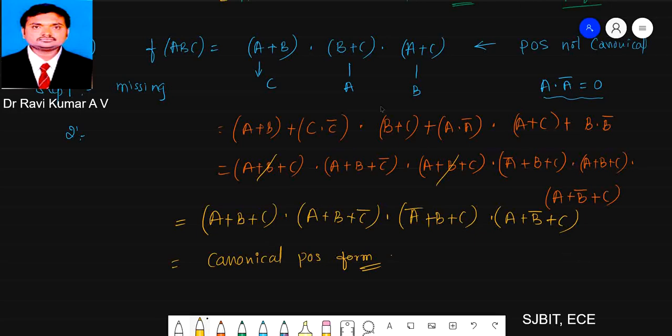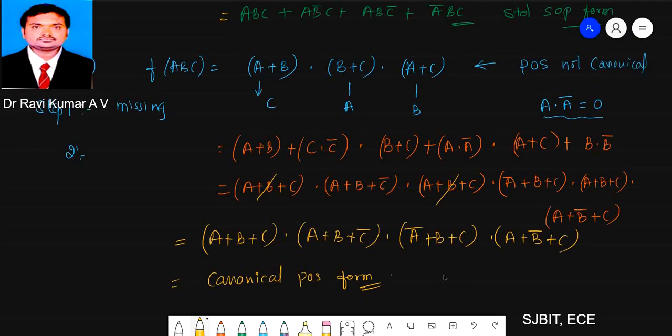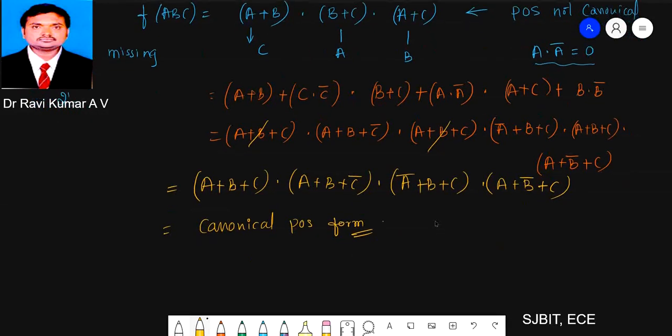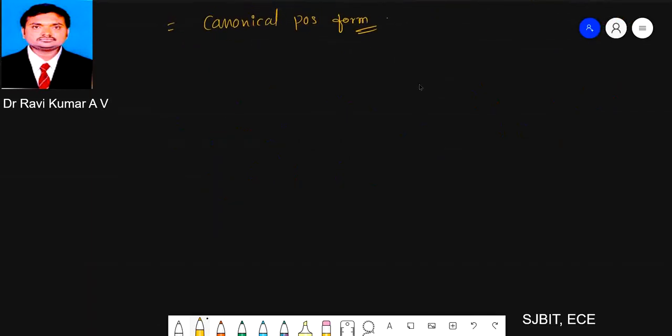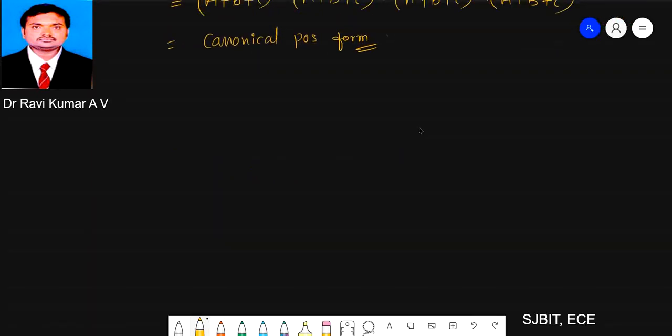In the examination they are going to give this kind of expression. You need to convert it into standard canonical POS form or standard canonical SOP form. Any one of the methods they are going to ask.